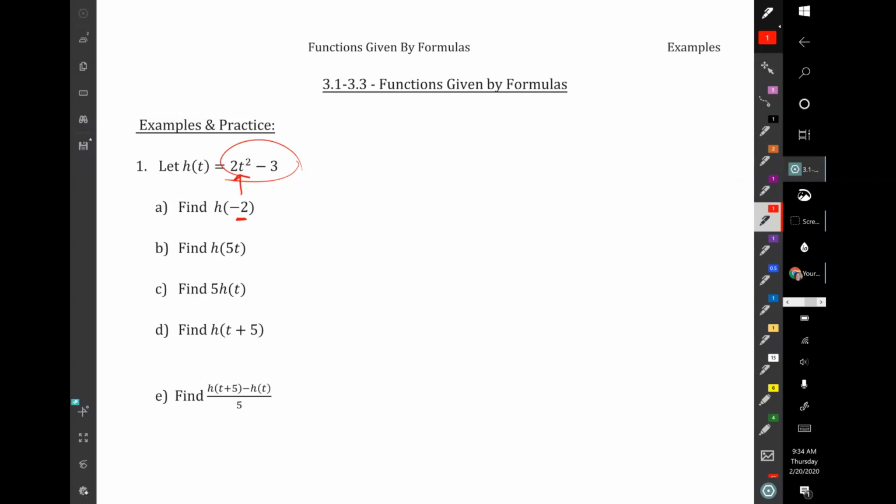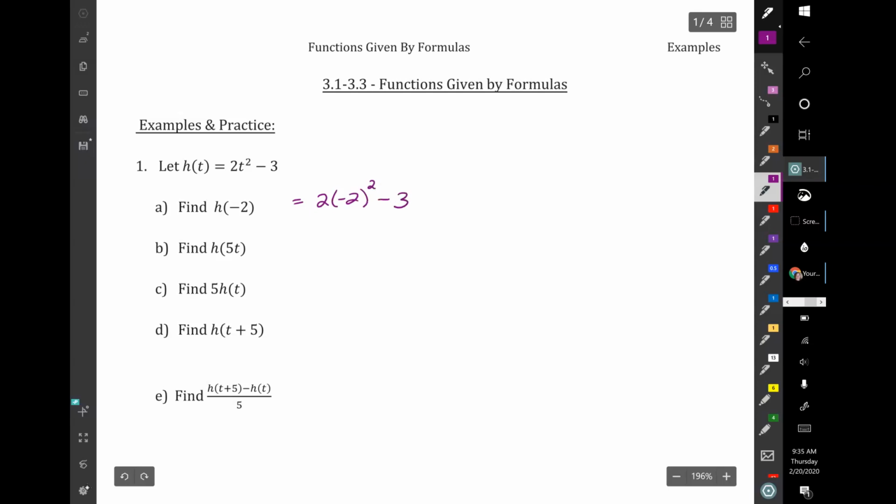This is a review of what we've done previously, and I did some of these in class for the hybrid, but I'll go through it a lot slower. Okay, so for A, find h of negative 2. I'm going to write 2 parentheses negative 2 squared minus 3. It's really important that you use those parentheses when you're putting stuff in your calculator, or better yet, just do that operation in your head.